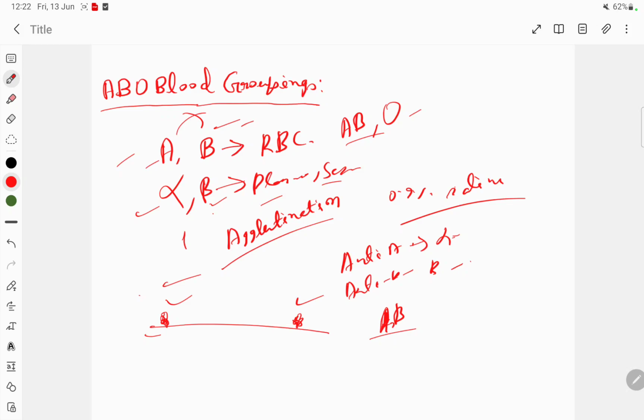If the agglutination occurs with the B test antisera, then it is group B. If agglutination does not occur with either of these, it is group O, because in group O both A and B antigens are absent.